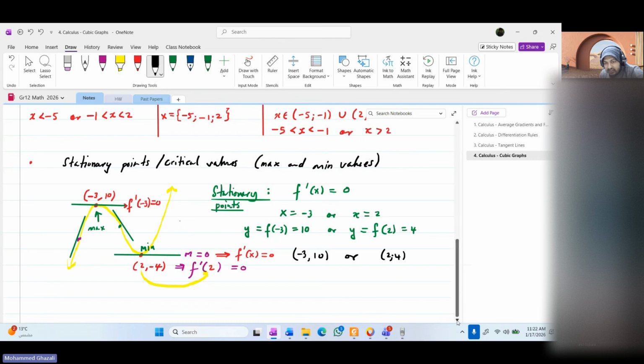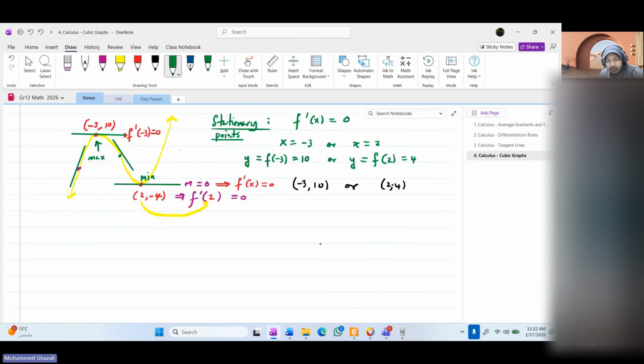Now, what do stationary points and critical values represent? We can get maximum and minimum values. Compare now. Which value is a maximum? You can clearly see, comparing 10 and 4, 10 is the maximum, right? And 4 is the minimum value.